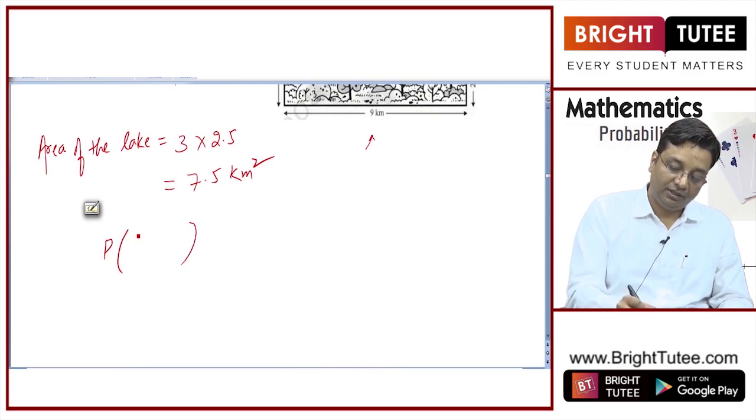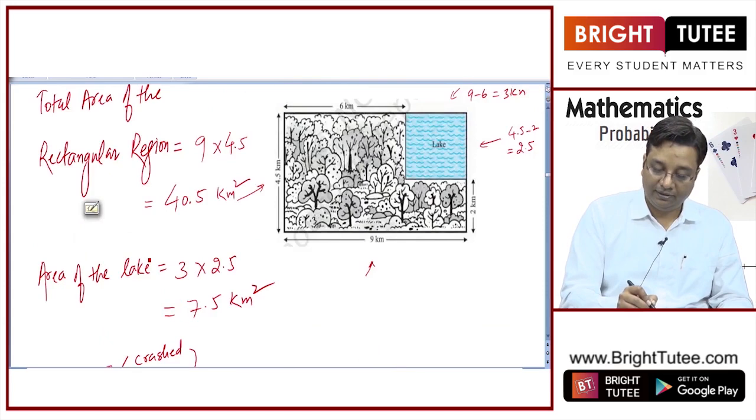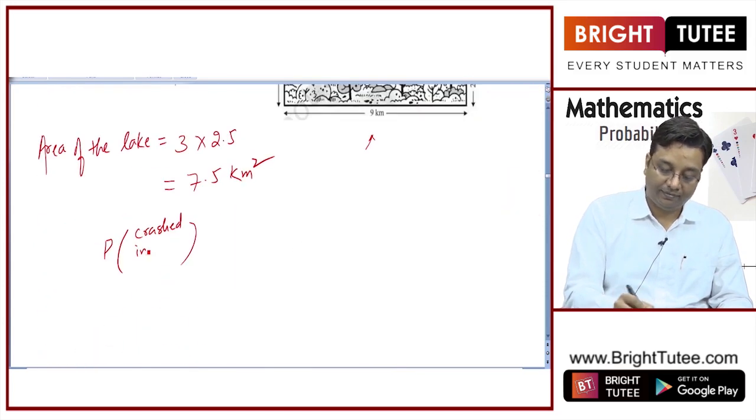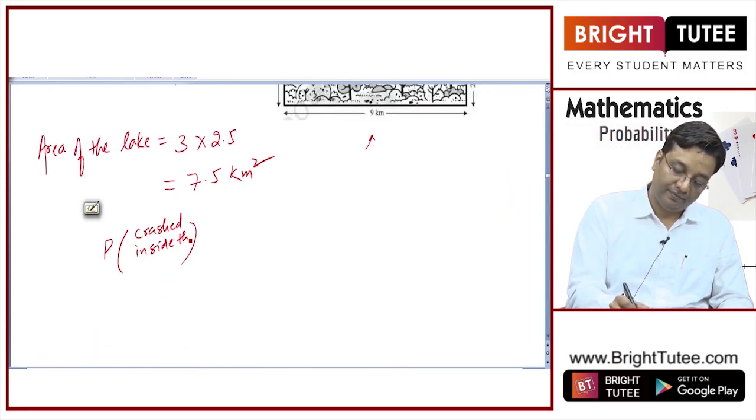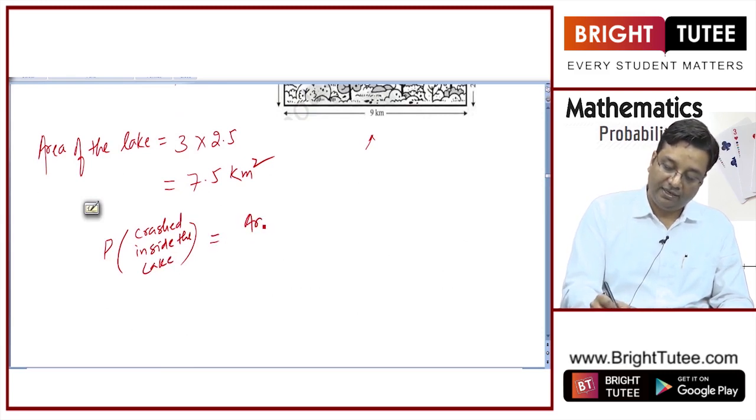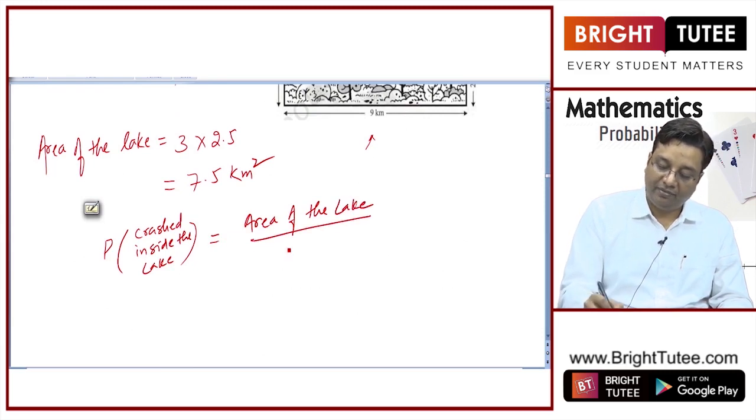So what is the probability that the helicopter crashed in the lake? It is equal to the area of the lake divided by the total area.